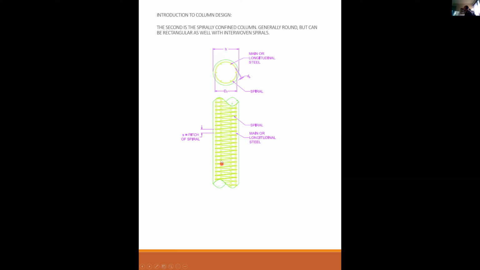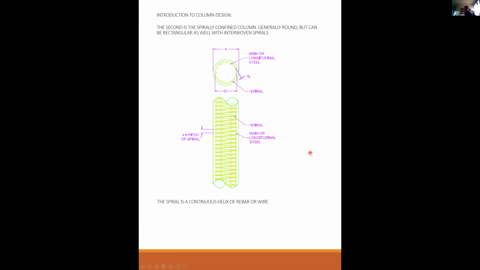And you can see that the spiral is a continuous helix of steel. There's no start and stop, really. It's just continuous. And so when you build it into a column, you provide it with a pitch of s. So s is still the spacing of your transverse reinforcement, but it's called a pitch on the spiral because of its continuousness.